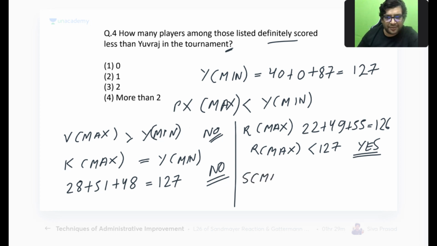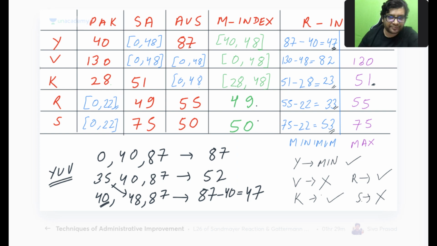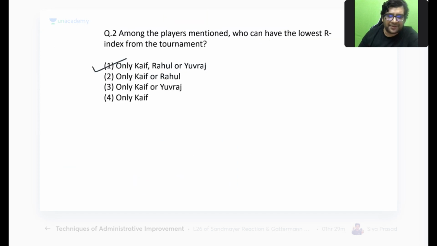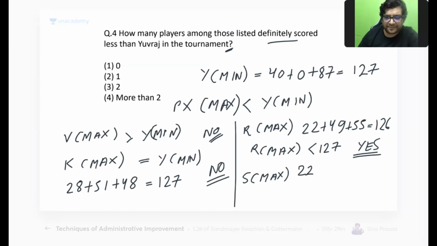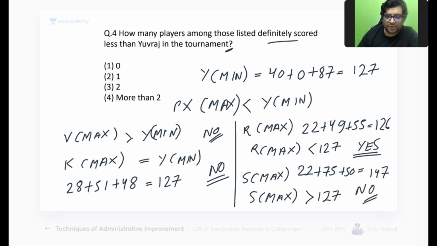And finally, Saurav maximum, that is 22, 75, 50 and 75. So that is 125 plus 22, 147. So this will not work. Saurav maximum is greater than 127. So no. There is only one case where this works, and that one case is the case of Rahul.